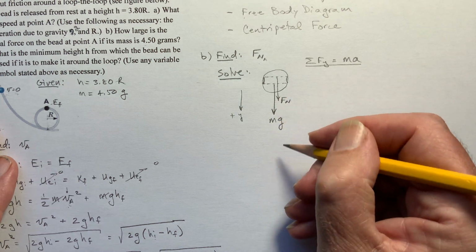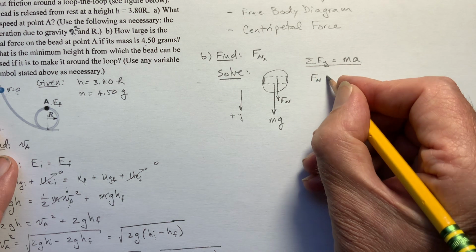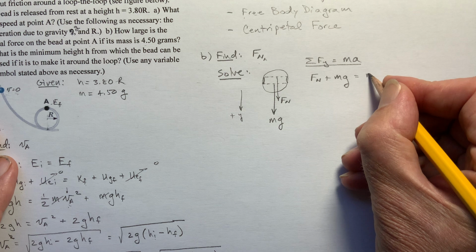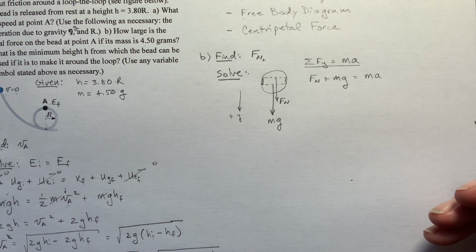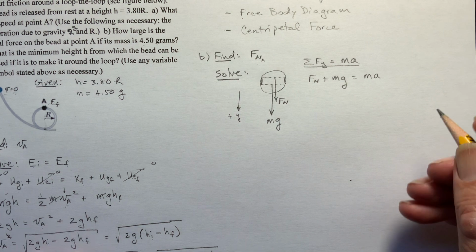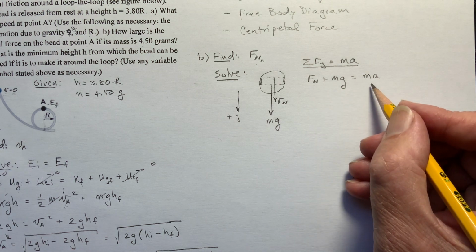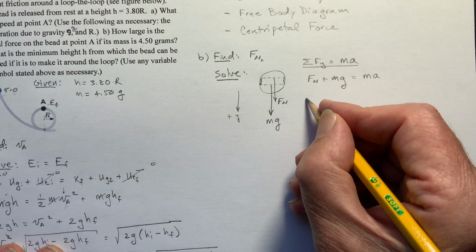And so now in the positive y direction, I've got this normal force. That's what I'm trying to find. Plus mg equals ma. So now let's solve for the normal force.